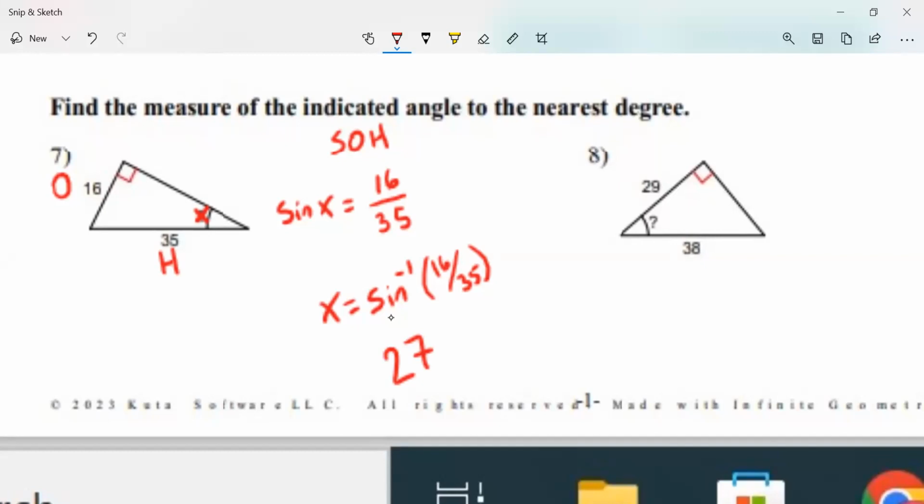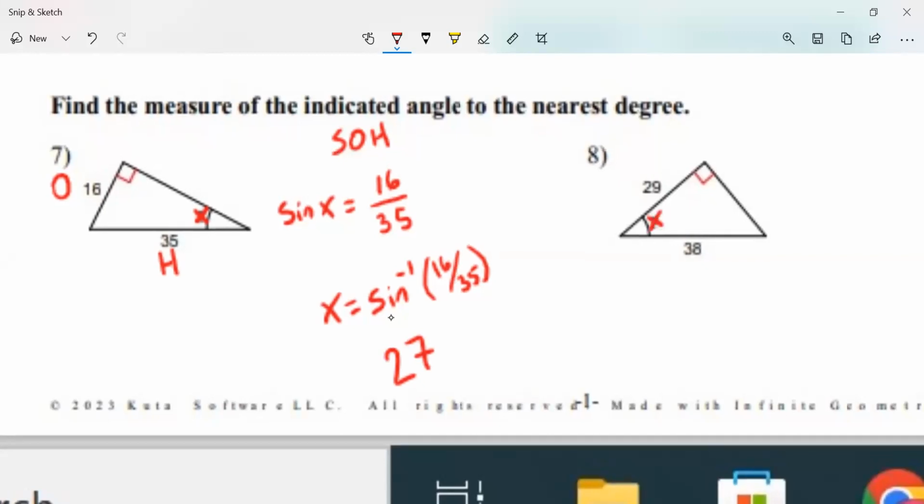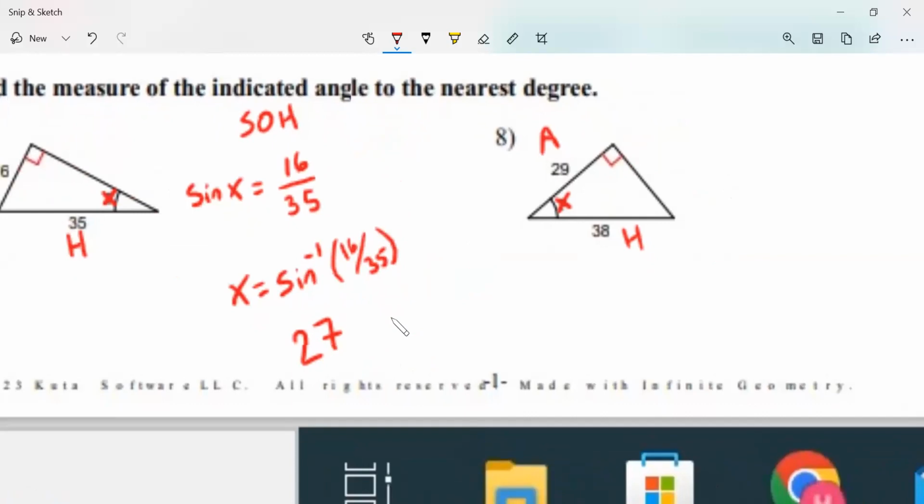My question mark here, let me call it X. Let me label the two sides that I'm given. 38 is the hypotenuse and 29 is the adjacent. Remember, adjacent is close to, opposite is far away. From my acronym SOH CAH TOA, I'm going to use the acronym CAH. What that stands for is cosine is adjacent over hypotenuse.